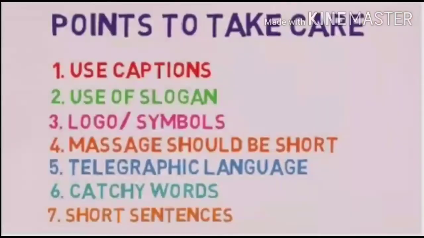So students, that's all for today's class, and let me remind you once again, don't forget to use captions and slogans, and also logos and symbols, and your message should be short. You can use telegraphic language and some catchy words, and your sentences should be short. So while drafting a poster, you should remember all these points. Hope you understand the way of drafting a poster.